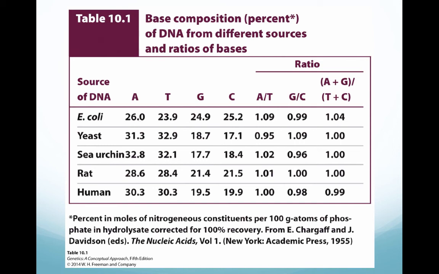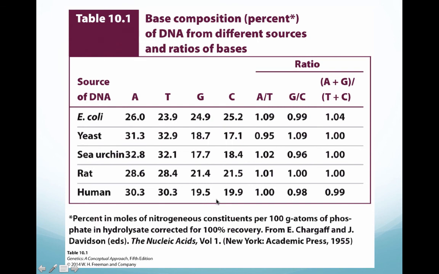However, as we start looking at yeast and sea urchins and rats and humans and getting into more complex organisms, the amounts of adenine, thymine, guanine, and cytosine start to vary. I mean, just look at yeast. We've got high levels of adenine and thymine and low levels of guanine and cytosine. And then when we jump down to humans, we've got similar amounts of adenine and thymine, but really low amounts of guanine and cytosine.